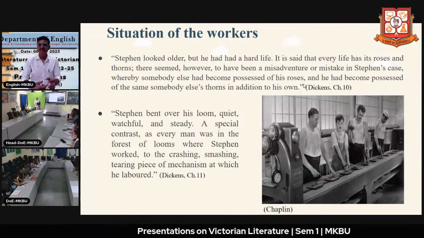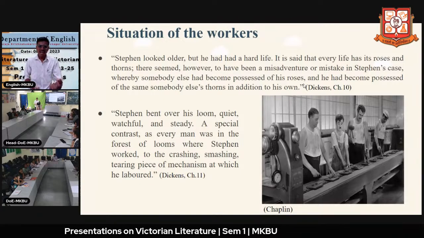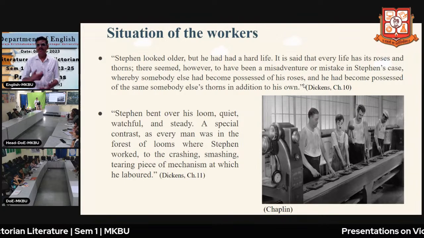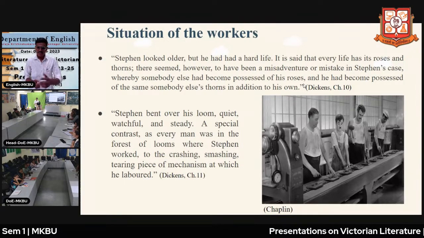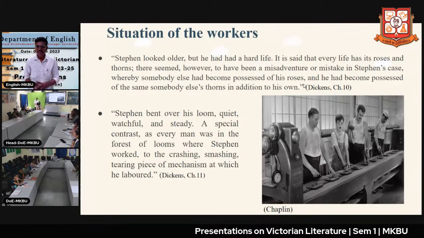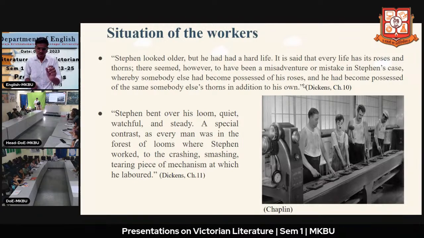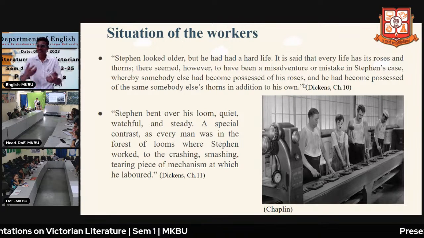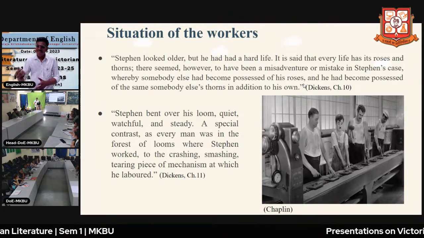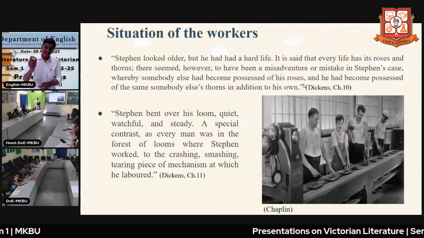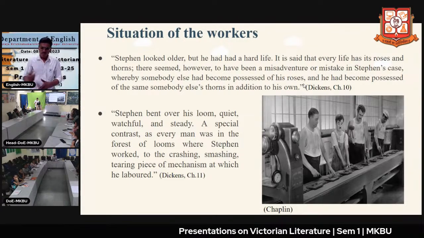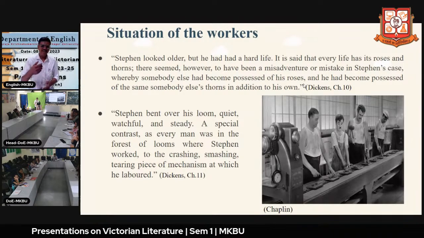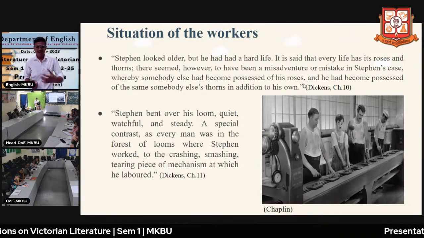So this is how Charles Dickens wants to point out the life of Stephen Blackpool. And the other thing we find, from chapter 11 of the novel: Stephen bent over his loom, very watchful because he has to work in the factory, in a special contrast to every man in the forest of looms, where Stephen walked amid the crashing, smashing and tearing pieces of mechanism in which he labored.